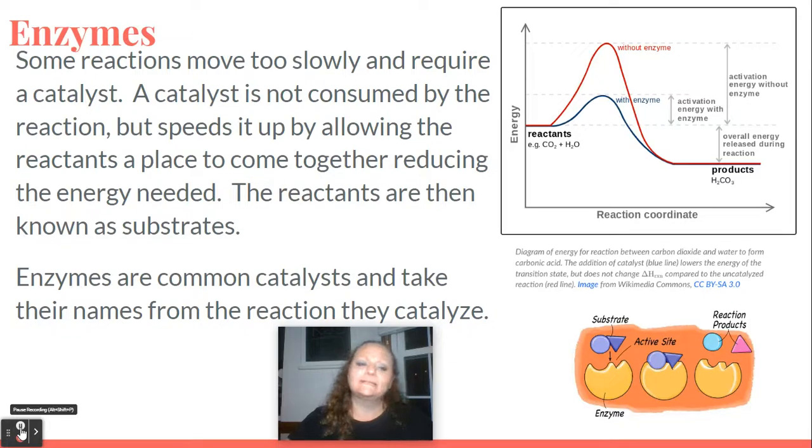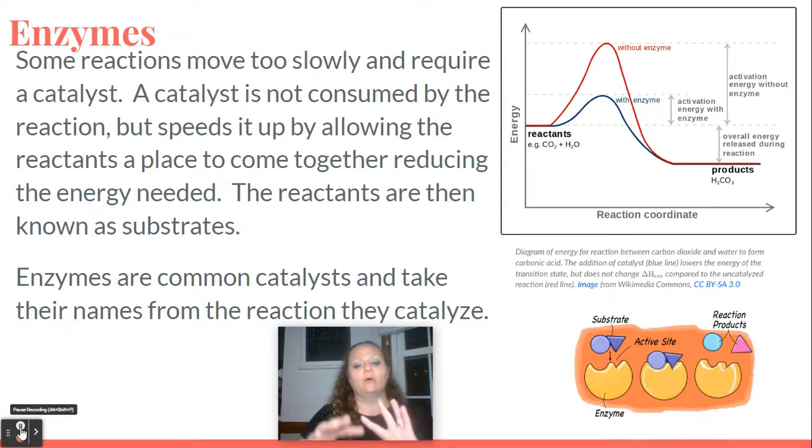When we talk about enzymes, if they're shaped incorrectly, they're not going to work. They have to be shaped in such a way so that the substrates, or the reactants, are able to bind to the enzyme, just like in that picture on the bottom right.